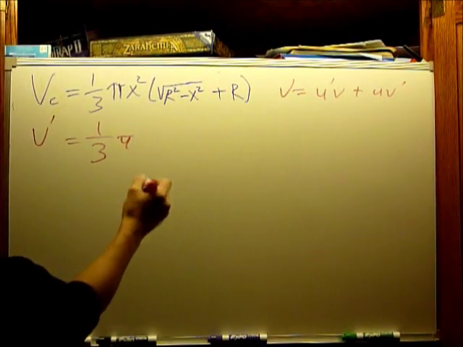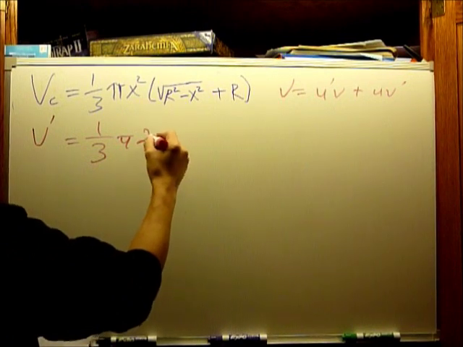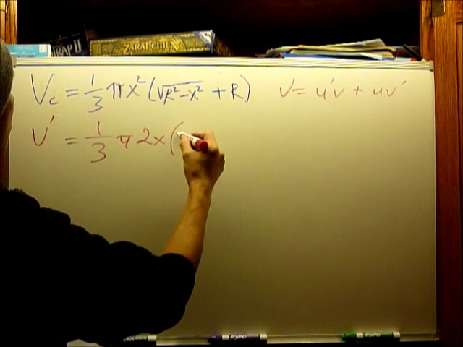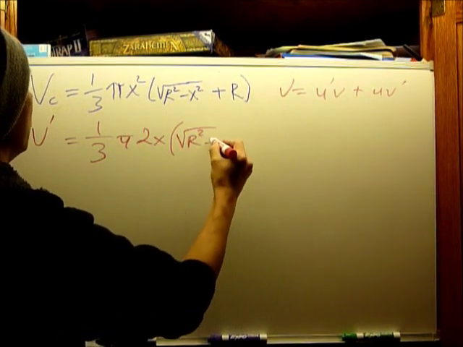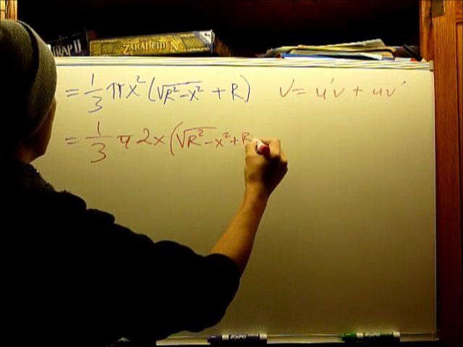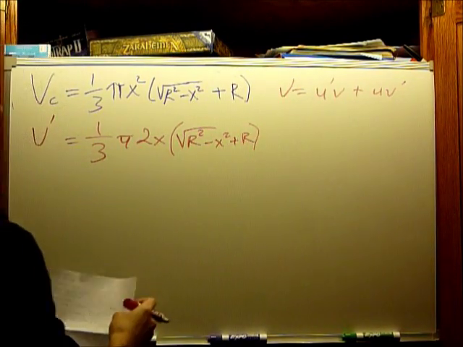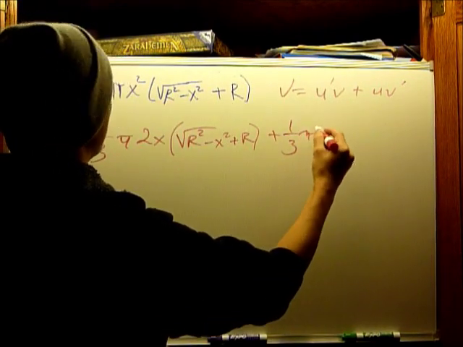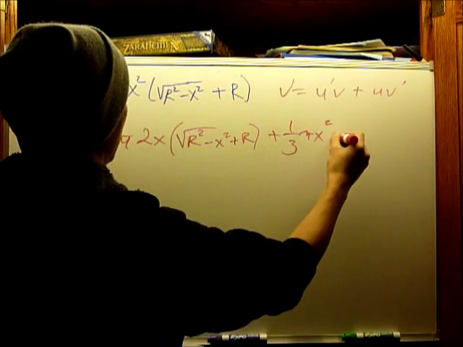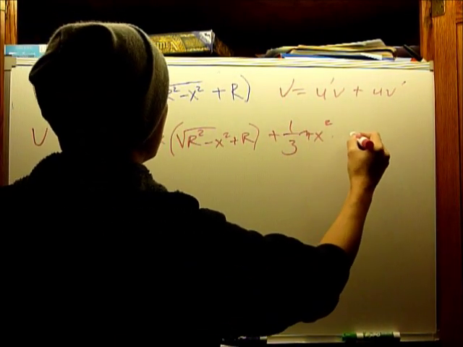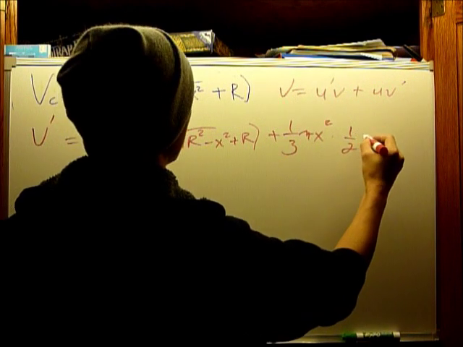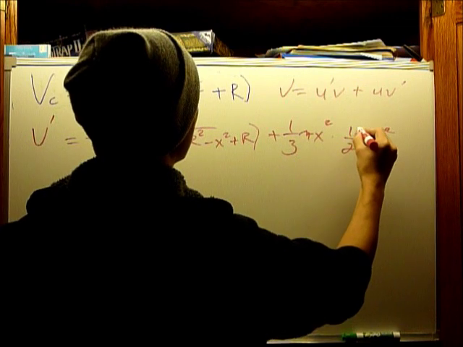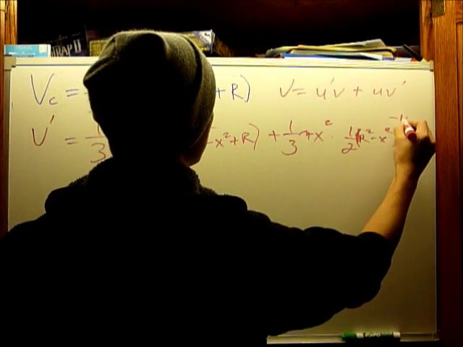So it's 1/3 pi times 2x times this whole equation, plus the u, which is 1/3 pi x squared times 1/2 times r squared minus x squared to the minus 1/2.